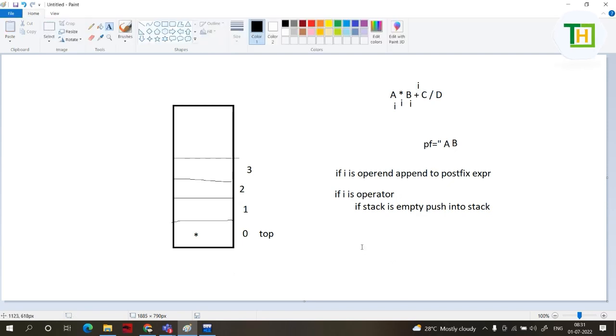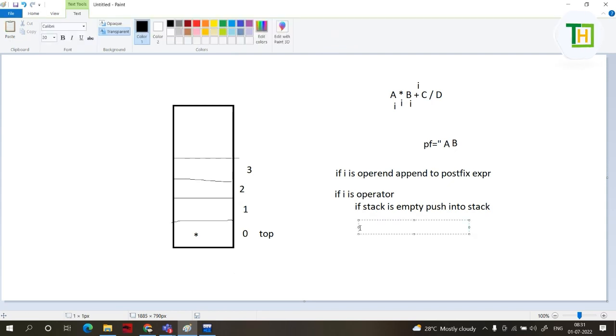Plus. If it is an operator, we have to check, is the stack empty? No, the stack is not empty now. That means we have to go for the next case, that is going to be an else one. We have to check the coming operator. The coming operator is a plus, and what is the stack top operator? That is going to be star here.